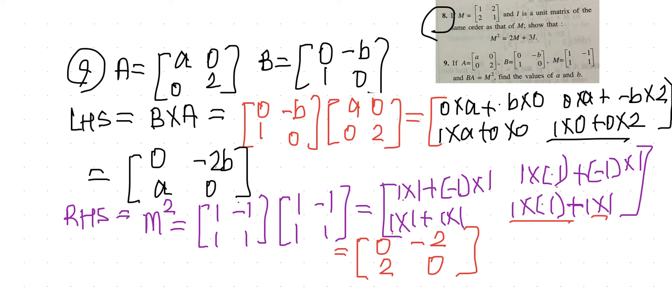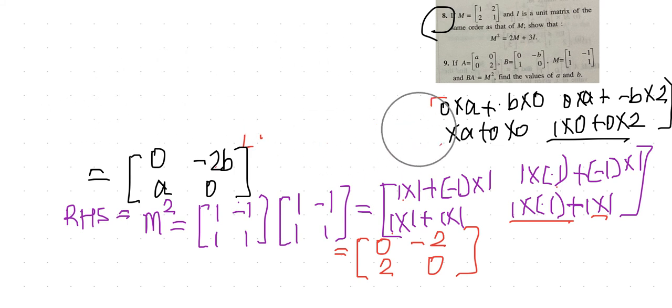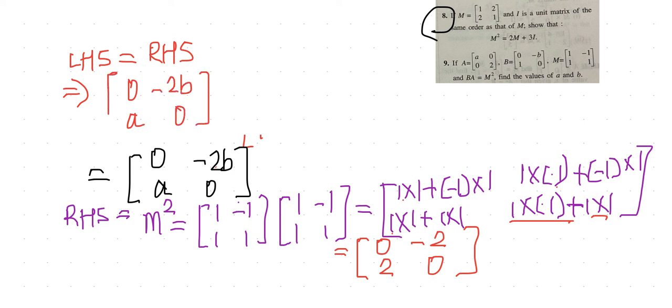So now we are going to equate both of them. So what we will be writing? I'll be writing LHS is equal to RHS. So this implies how much is LHS, children? It is equal to [0 -2; 2 0], and this is equal to [0 2b; -2 0].